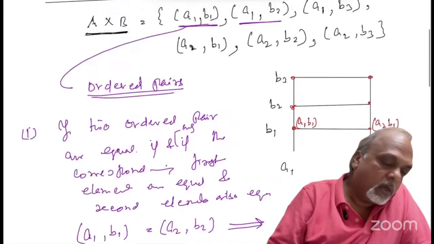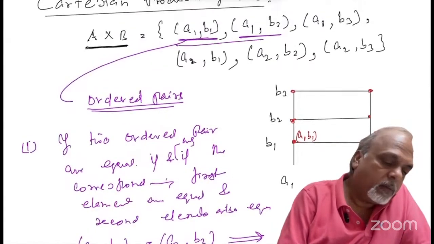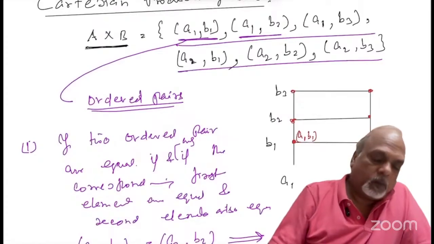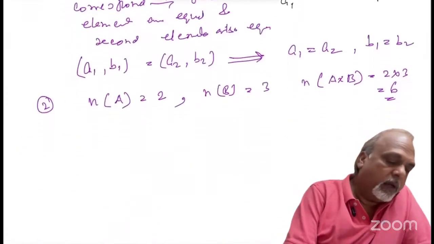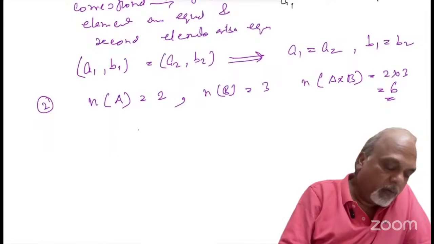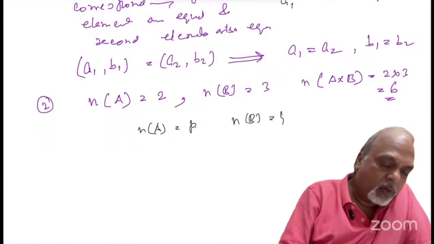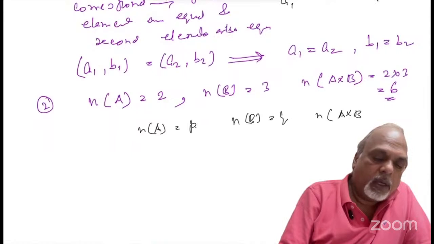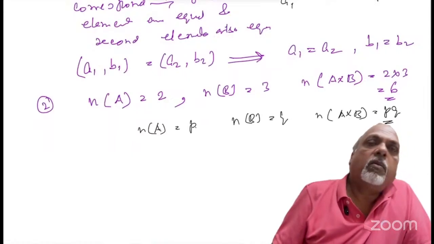So here you see there are 6 elements. Generally you can write it as if n(A) equal to p, n(B) equal to q, then n(A into B) will be p into q. Correct?